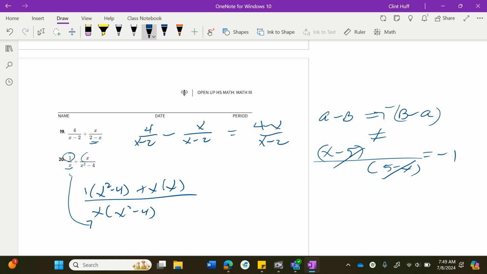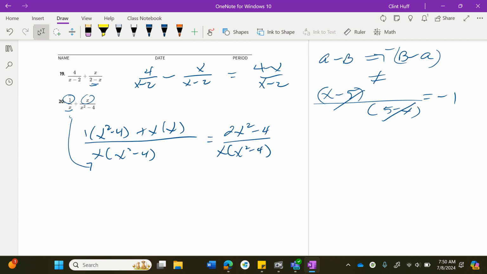And then this x is my numerator from the second fraction, and it's multiplied by the factor it's missing from the common denominator. So I wind up with 2x squared take away 4 over x times x squared take away 4.